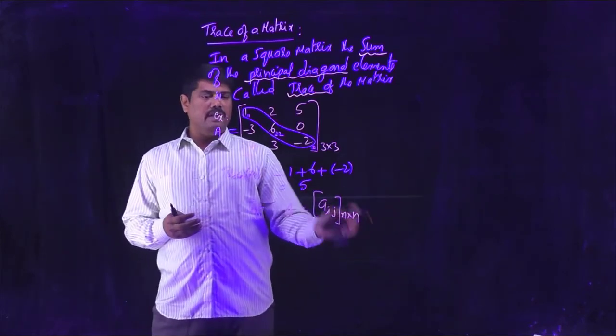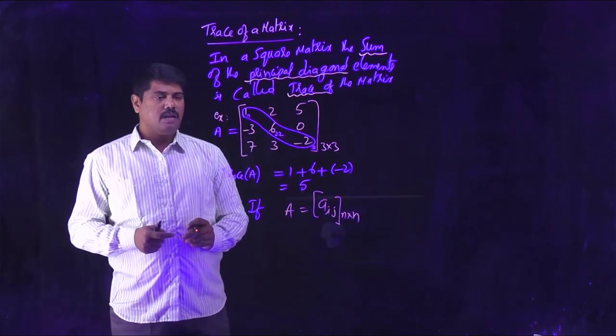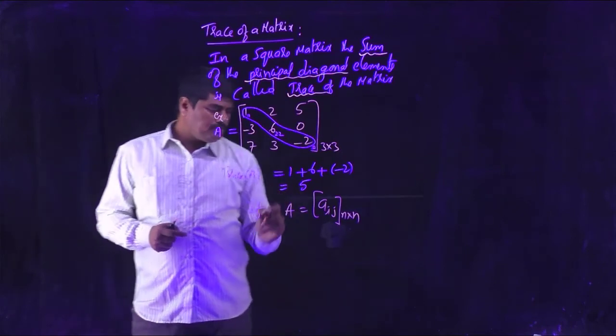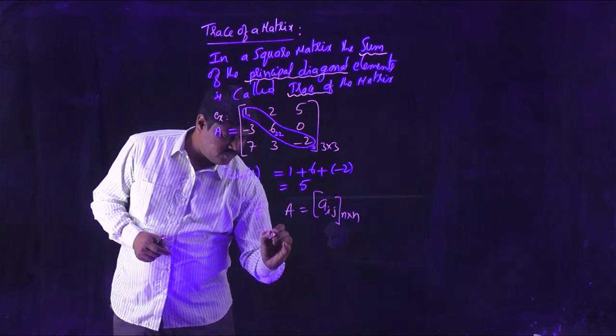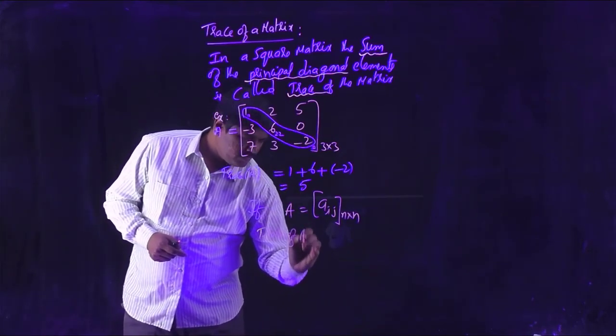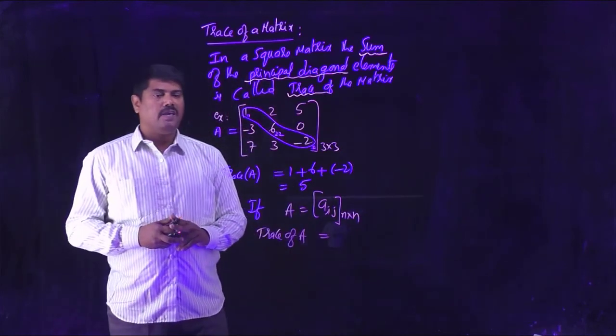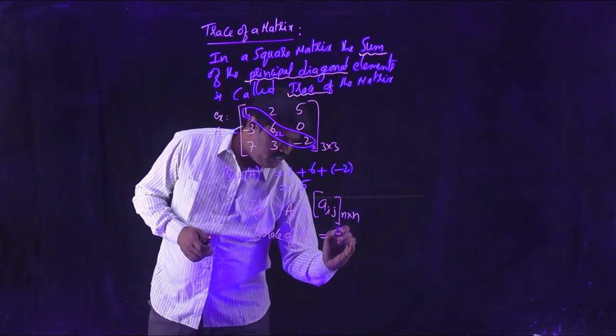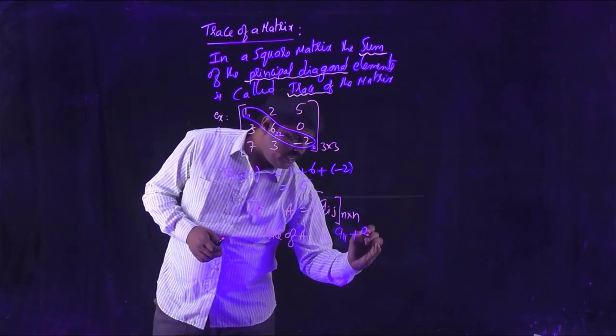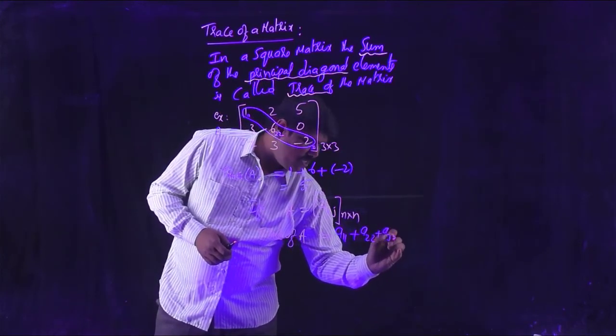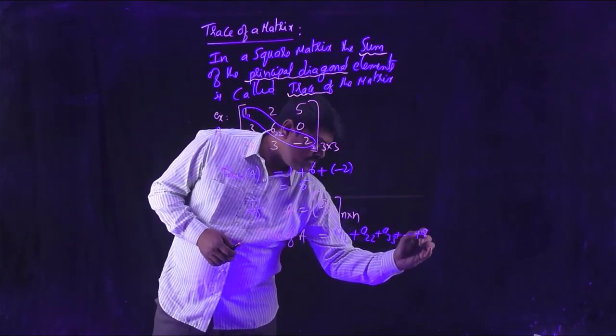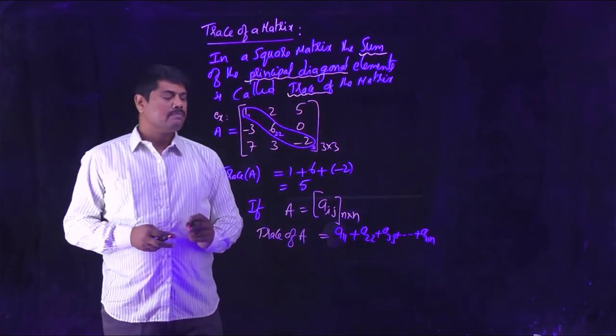It is a square matrix, so it is of order n by n. Now what is the trace of A? Trace of A will be A11 plus A22 plus A33 plus so on, plus the last element ANN.